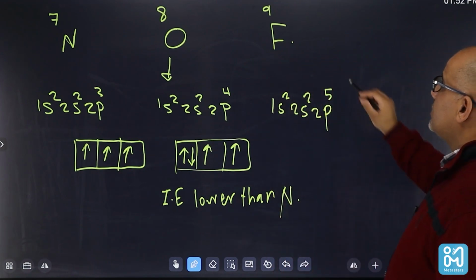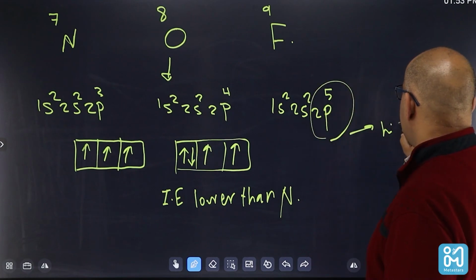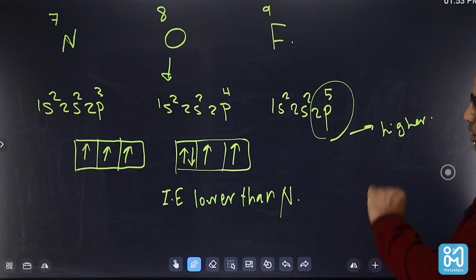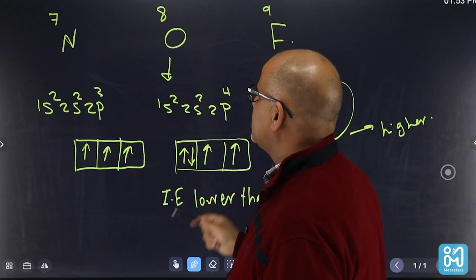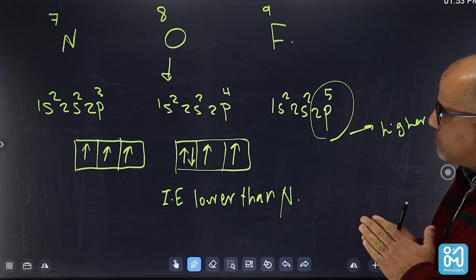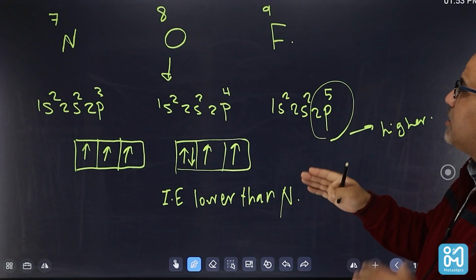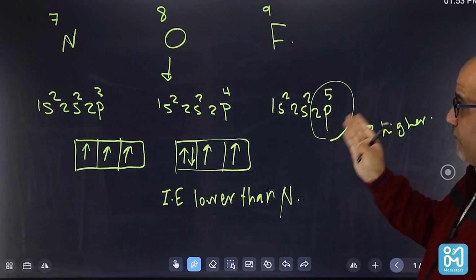And the value for 2p5 will be higher than oxygen. So the oxygen ionization energy will be lower than nitrogen and lower than fluorine.